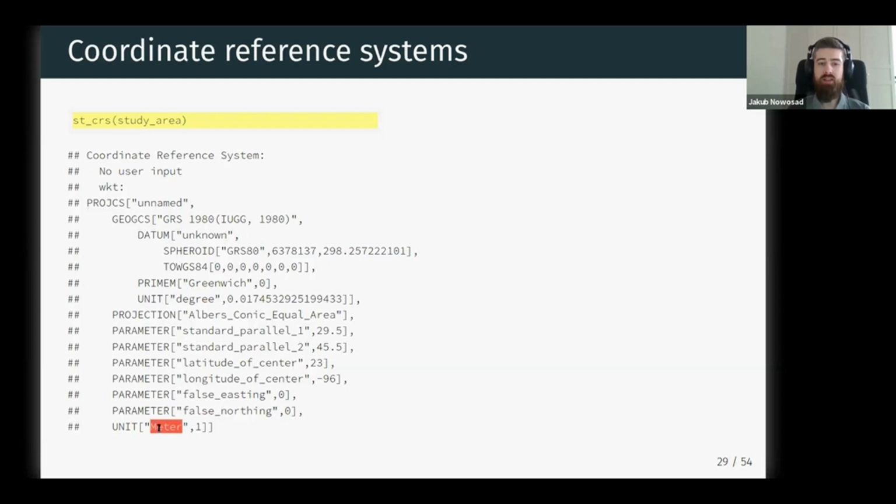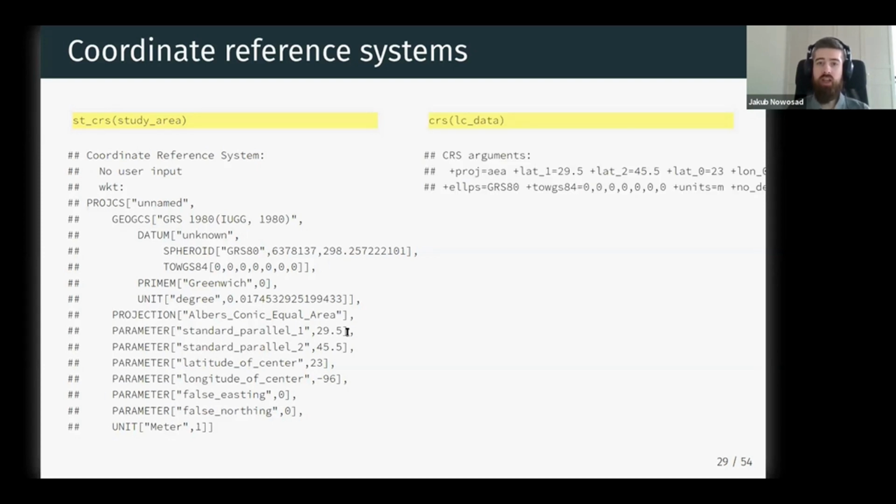One is that our unit is meter, which means that both our axes are in meters. So if you are moving on our map, we are moving in meters. And second, fairly important thing is that our projection is equal area, which means that objects on our map will have preserved area, and this area will be fairly correct.